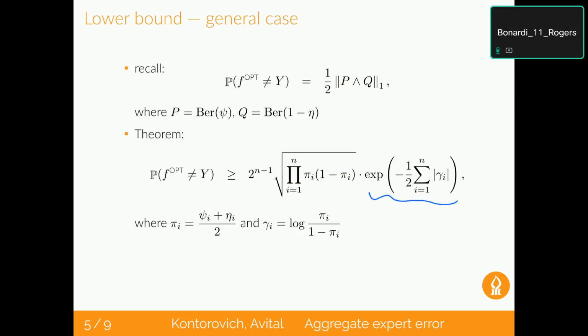So this gamma is the log odds of the balanced accuracy of the ith expert, and this thing in the exponent is just its L1 norm. Again, this passes the sanity checks: if one of the pi's is 0, this whole thing dies and becomes 0, and if they're all half, this again becomes a half, which is the right value.